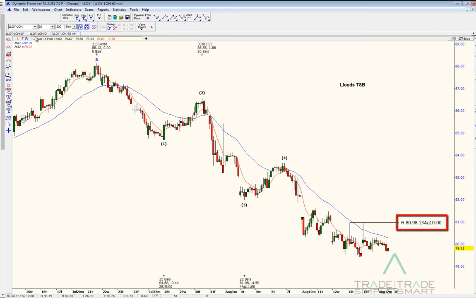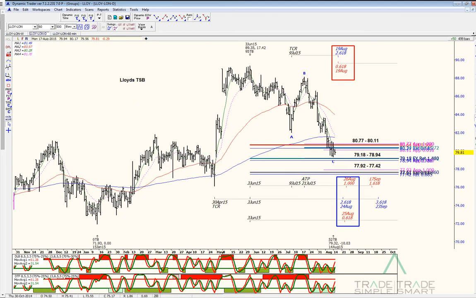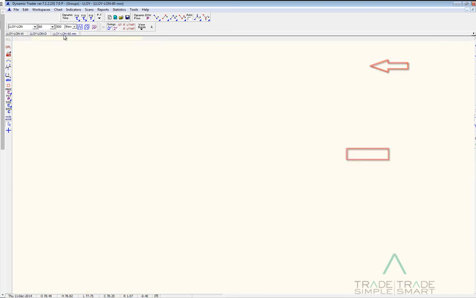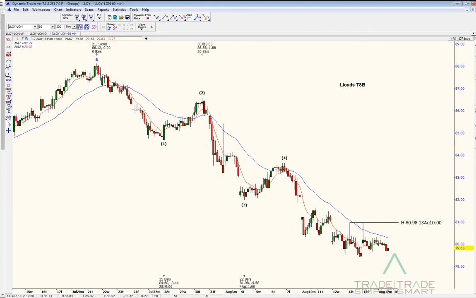Once we see at least two of our factors come together, in this example it will be our time and price. We have the price zone hit. We still have a day before our time zone is hit. So once these two have come together, we're going to be looking for a moving average cross, and also a take out of a swing high.